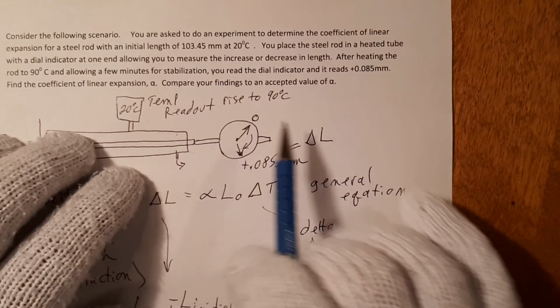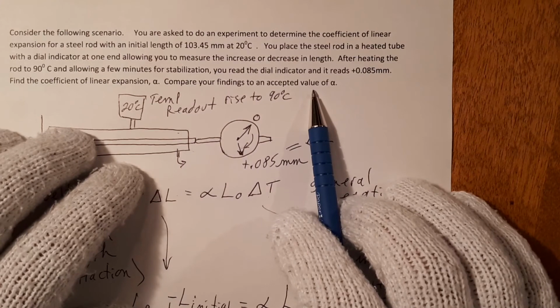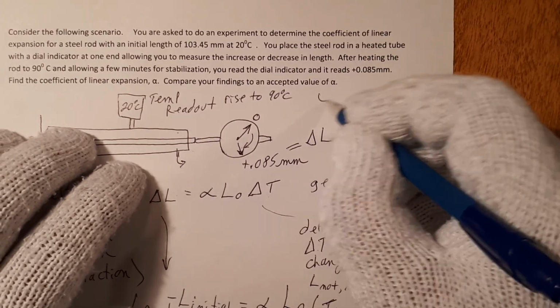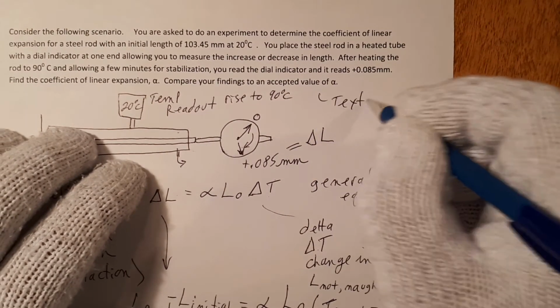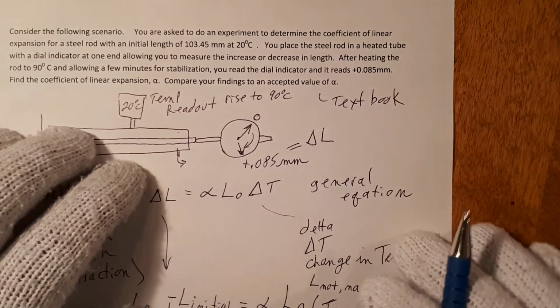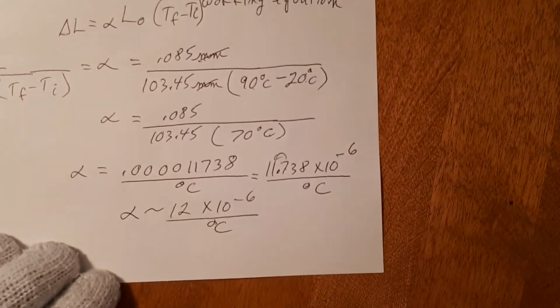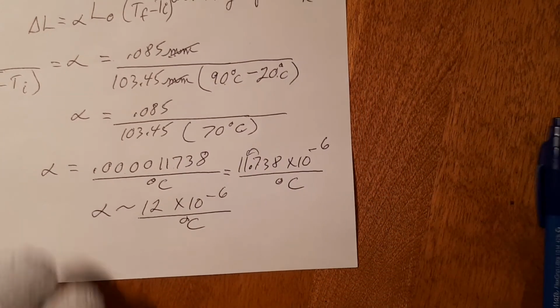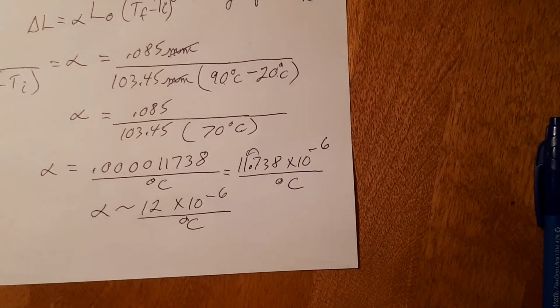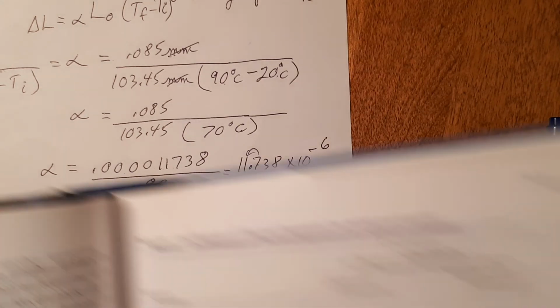Finally, it says here to compare your findings to an accepted value of alpha. This would come from a textbook, a trusted source. So let's do that. Let's have a look at this in a textbook. Here is a physics textbook.